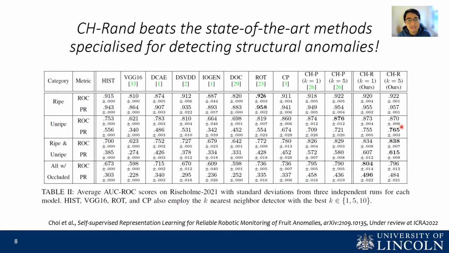They perform best, particularly in the most realistic scenario where all normal categories are considered. CP here is the cut-paste method I already mentioned. So the better performance of our channel randomization implies that it is very important to consider color patterns when learning representations of fruits. More explanations can be found in the paper at the bottom.